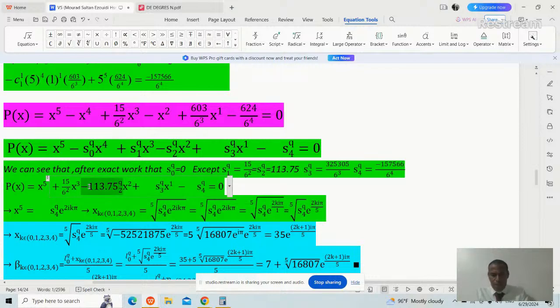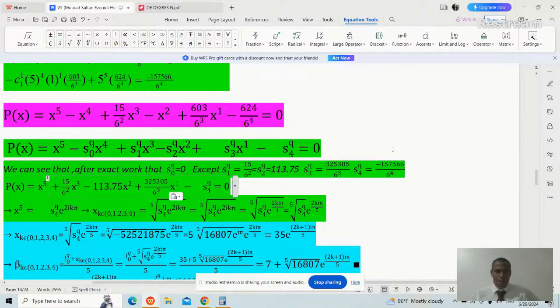You can write this as a fraction. Plus S3, which is 325,000 divided by the cube of 6.